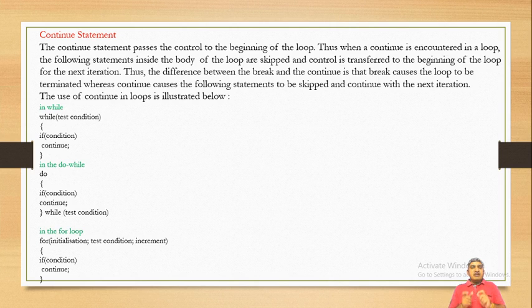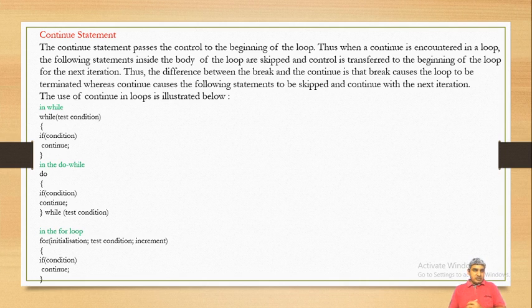The difference between break and continue is that break causes the loop to be terminated, whereas continue causes the following statements to be skipped and continues with the next iteration.